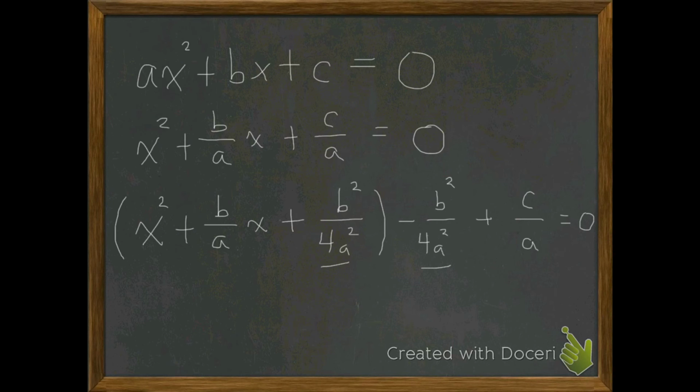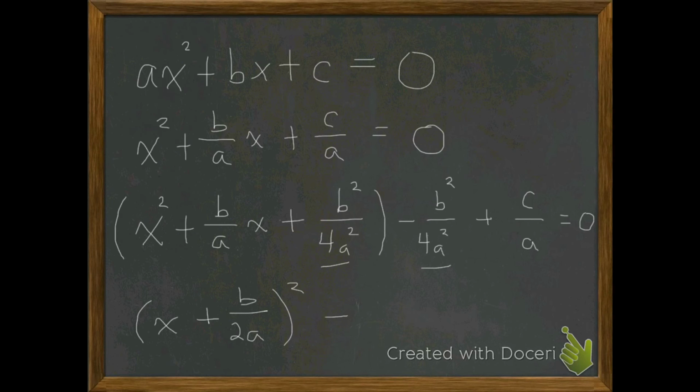Well, guys, anyway, we're going to see here that we have x plus b over 2a quantity squared. And let's see, out here we're going to get, let's change a color here.